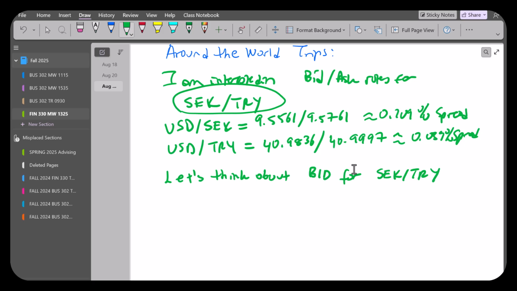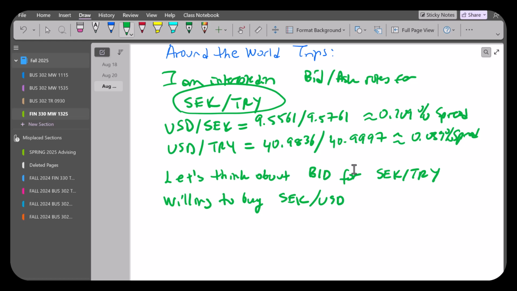So, since I can't directly do it, I kind of have to go around the world. If I'm bidding for SEK, well, I'm willing to buy SEK USD, right?